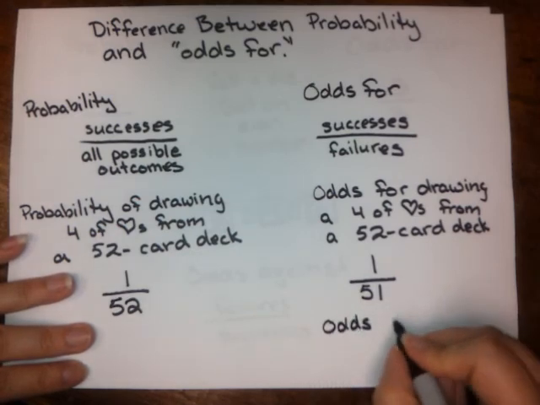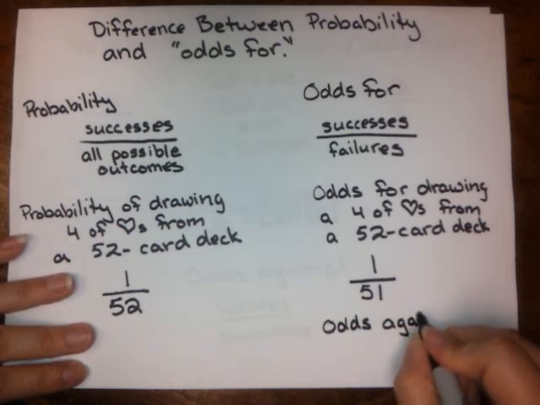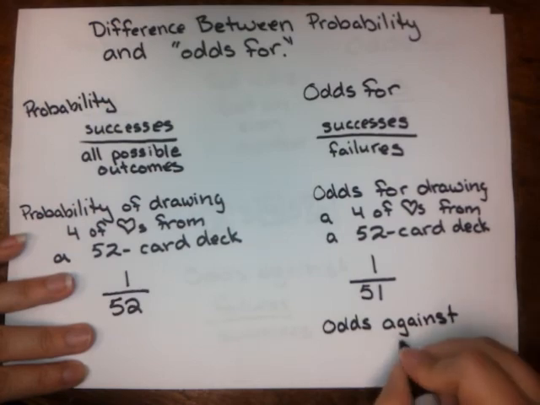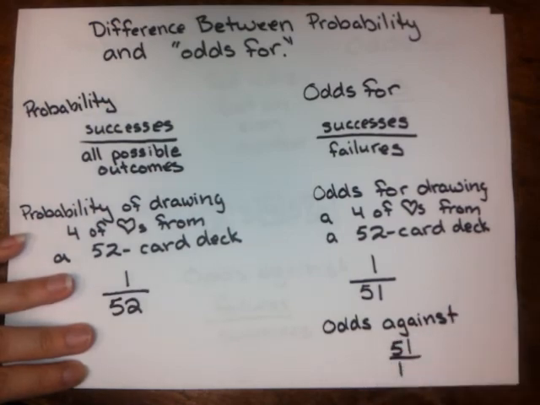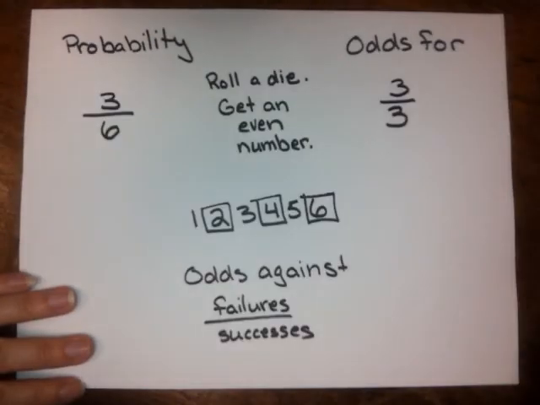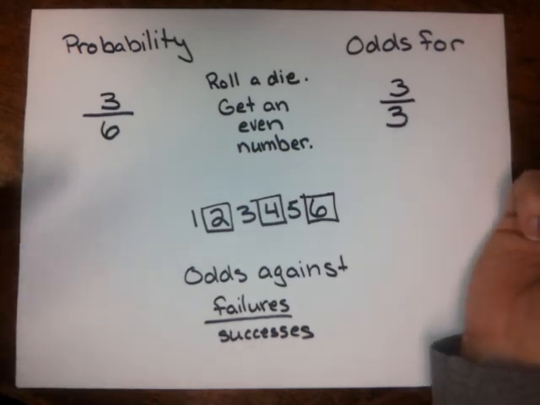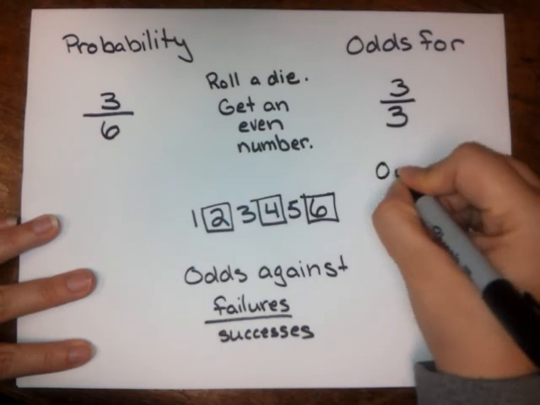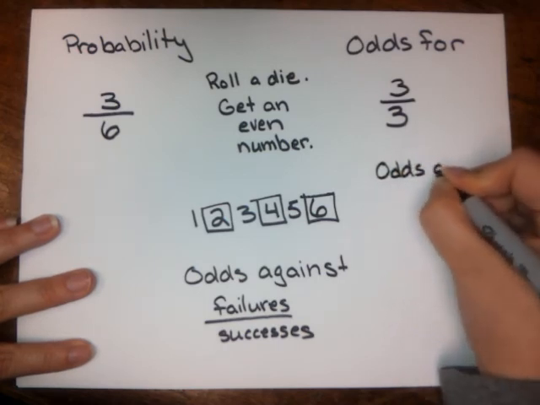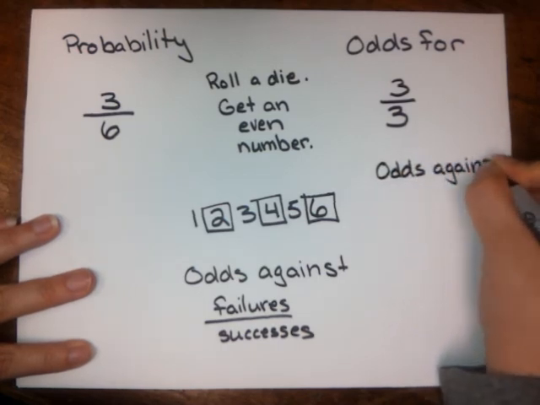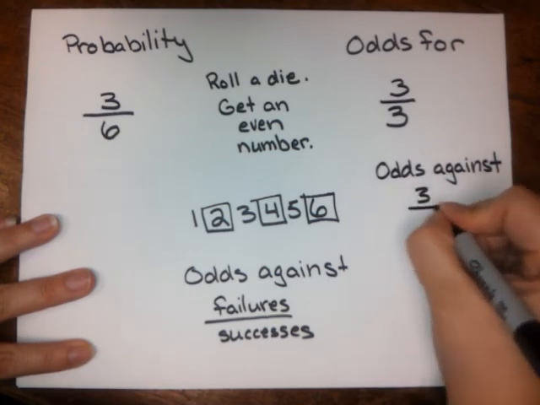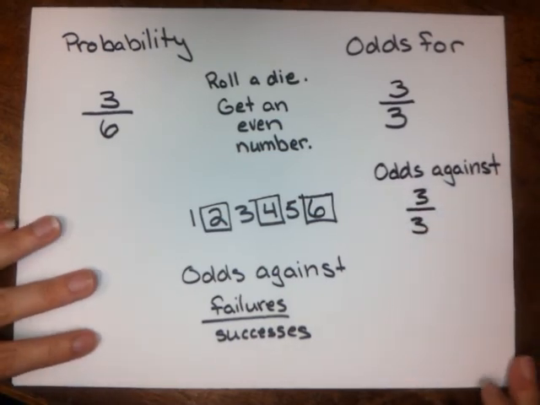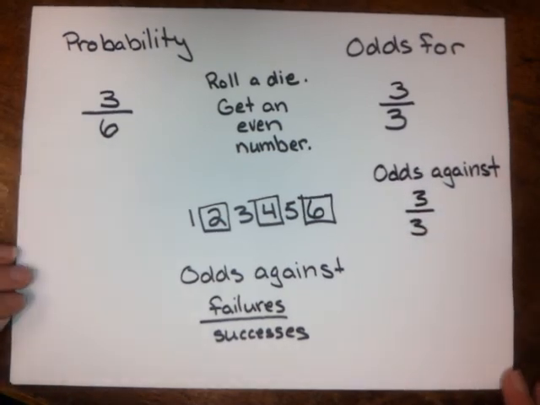Odds against, just flip it, 51 to 1. In the case for this one, it honestly doesn't make a difference. Odds for is 3 to 3. Odds against, well, that's also 3 to 3.